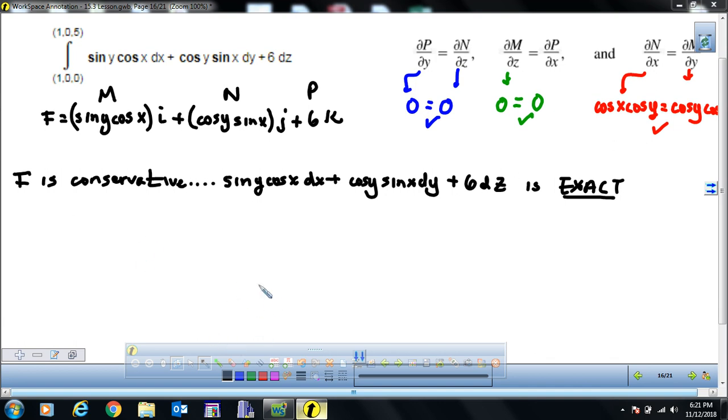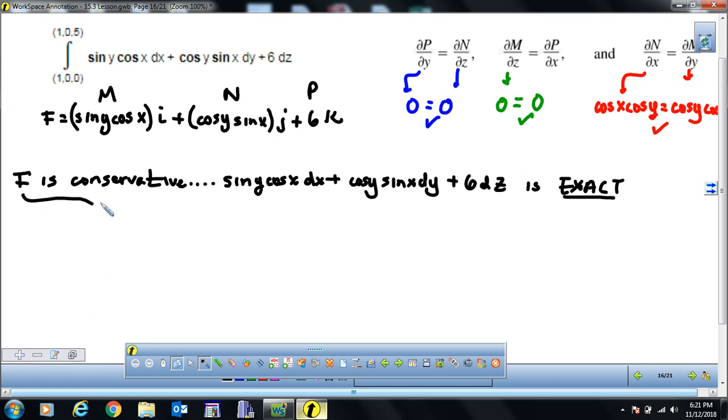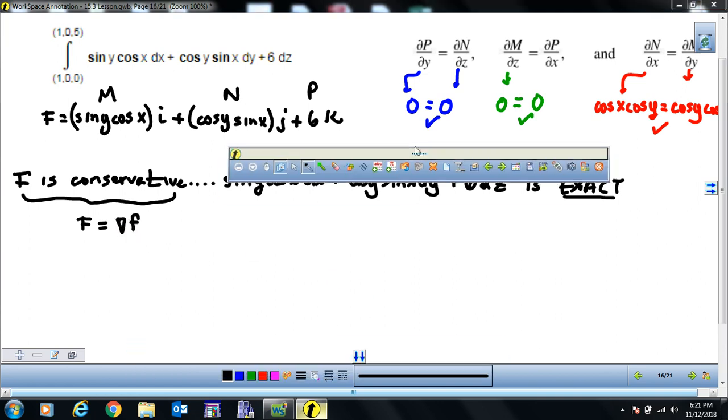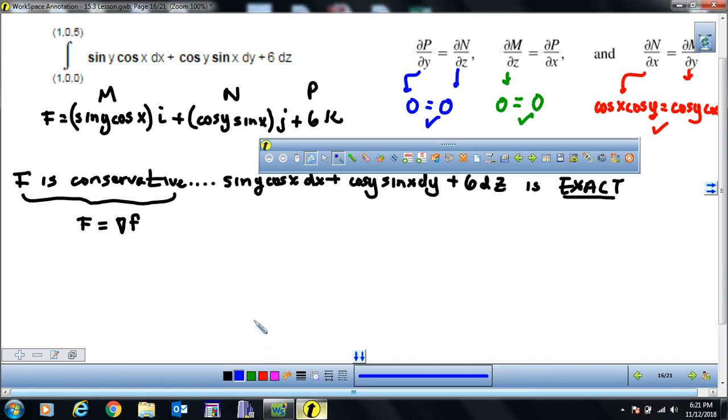Okay. So let's go ahead and find the potential function. So again, by conservative, we mean that this gradient field f is equal to the gradient of some potential function. Okay, so that means this component is represented by the derivative of some potential function with respect to x.